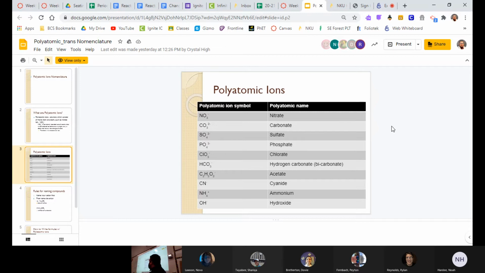But if I gave you this table and you bonded up sodium with chlorate, it would be called sodium chlorate. If you bonded up lithium with sulfate, it would be called lithium sulfate. Okay, so the positive, the metal comes first, and then the negative comes next. And notice that most of these have a negative charge. Again, these are polyatomic, more than 1 atom.